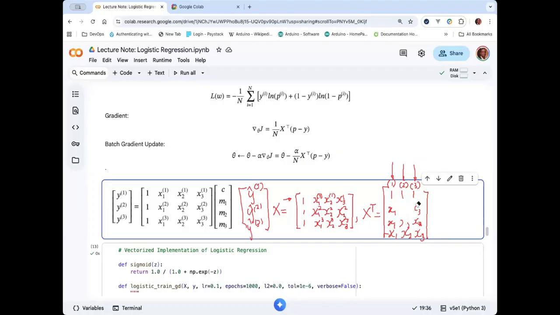Vectorization can be confusing sometimes. So let me rewrite this correctly. So this is X1, 1. This is X1 again, because when you flip the transpose, each row is for a particular value of X, right?